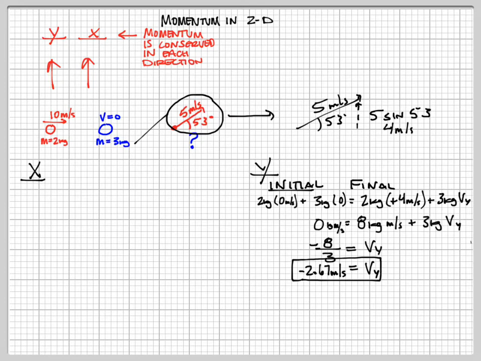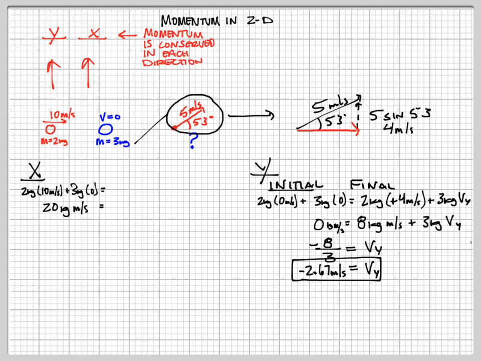So in the x direction, initially, I have a 2 kilogram ball moving at 10 meters per second, and it's going to run into the 3 kilogram ball that's initially not moving at all. So the initial momentum in the x direction is 20 kilogram meters per second. Now, after the collision, we've got to go back to this triangle and look at what part of this 5 meters per second at 53 degrees is in the x direction.